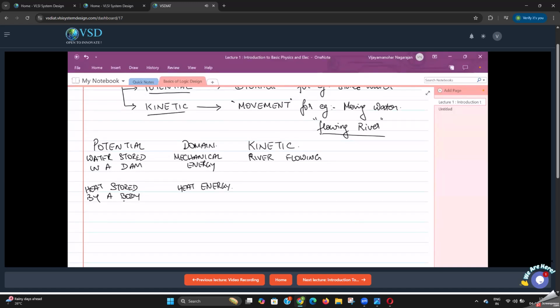It accumulates the heat. When you turn it off, it doesn't cool down within a fraction of a second. It cools down after say 15 to 20 minutes. Till then the pressure cooker is hot. So the heat is stored by the body, and kinetic here is the flow of heat. You go near the cooker and you feel it is hot.